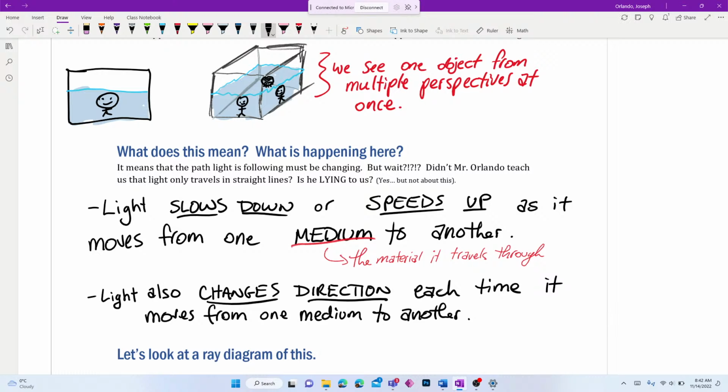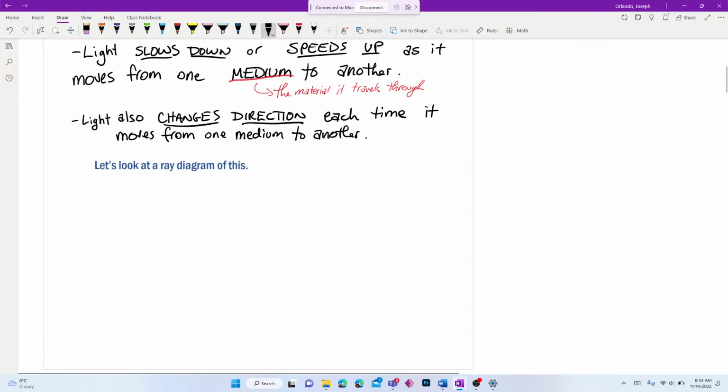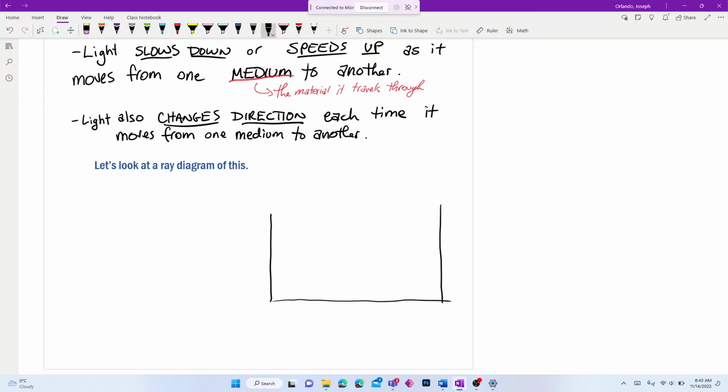Good. So while you write that, I'm going to start drawing a little ray diagram of this. And what we can imagine is that we have got a fish tank here.